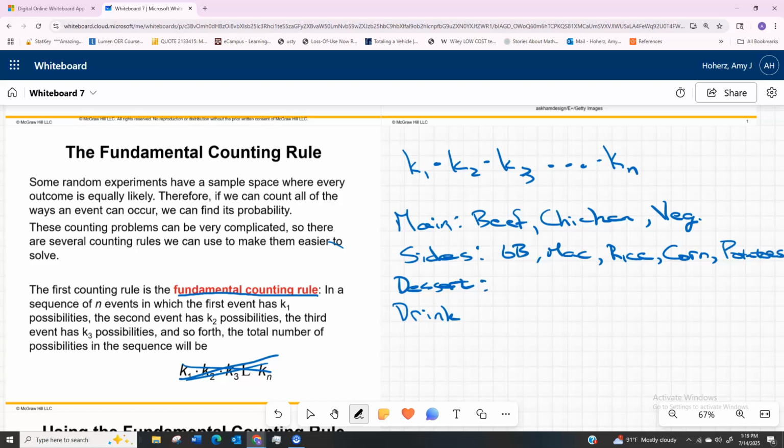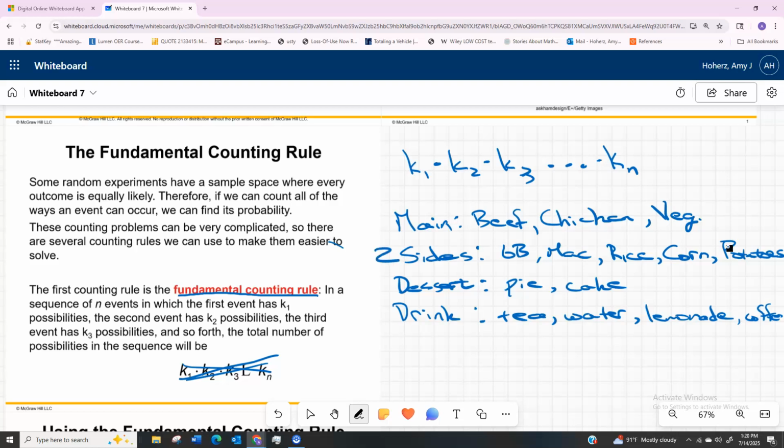For a dessert, there's apple pie or chocolate cake. And for drinks, you have tea, water, lemonade, or coffee. Okay, so how many ways can you pick your plate at that buffet?